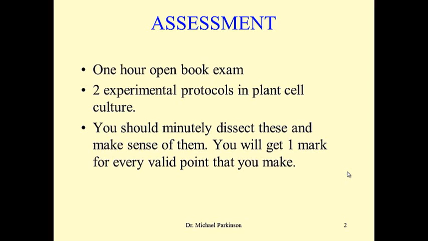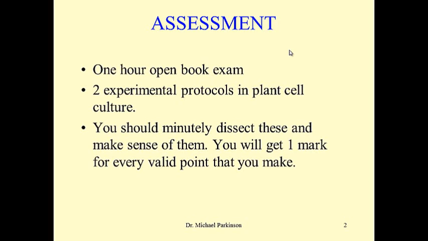It'll be in week 7, and in each of these you'll be given one experimental protocol in plant cell culture. So it may be micropropagation, or it may be plant nuclear transformation, or it may be plant plastid.